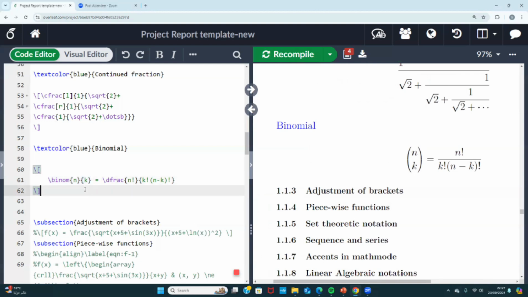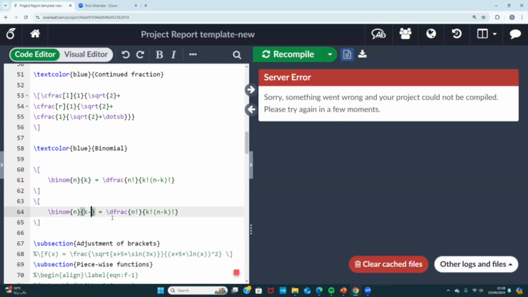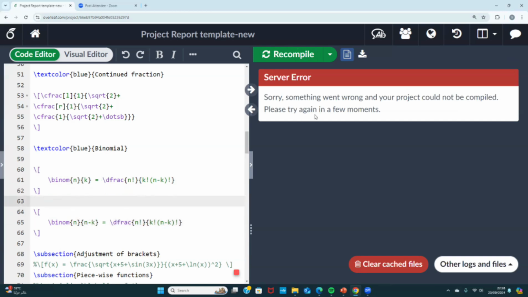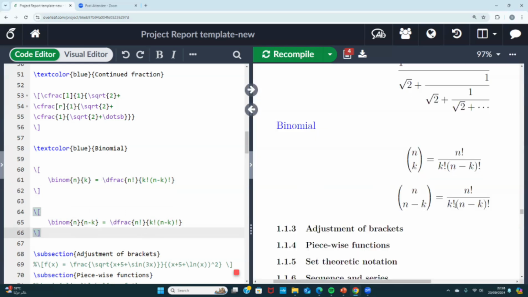And then if you need to change it, you can change it accordingly. Let's say if you have n k minus, or n minus k, then you can use it like this, and the answer will be the same.